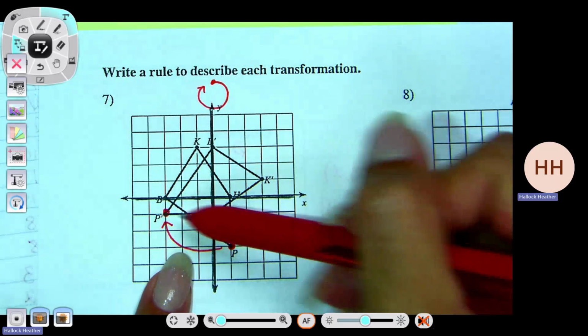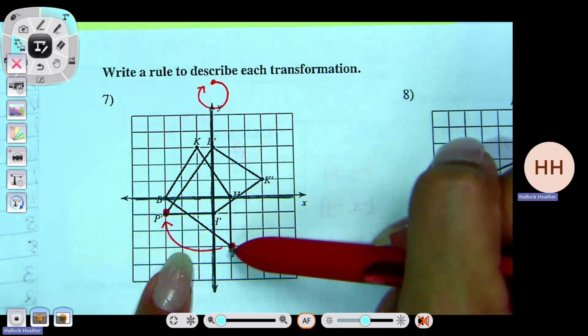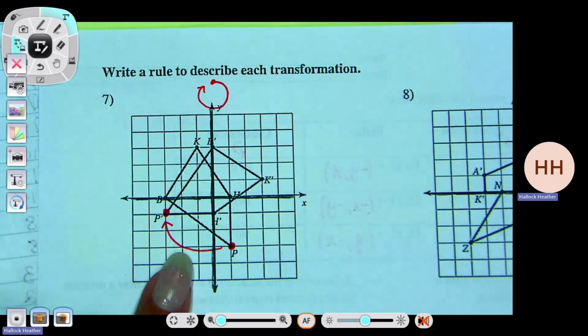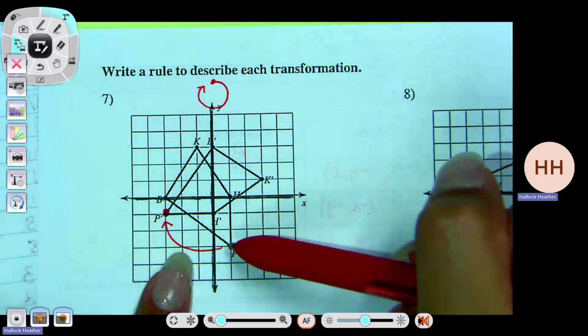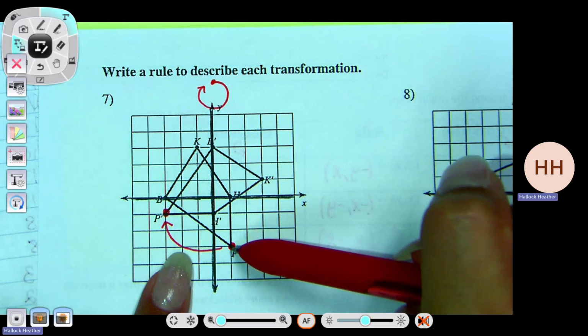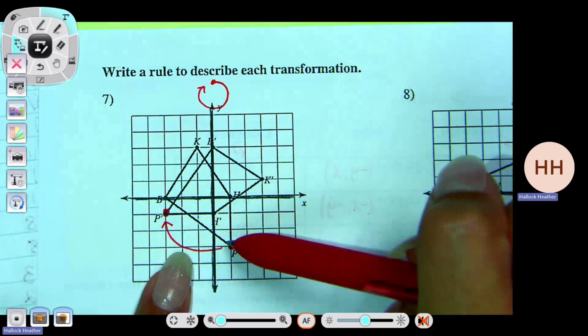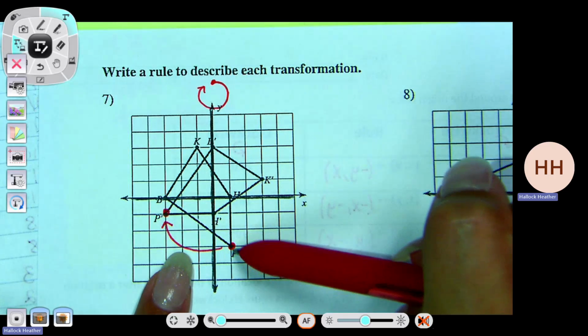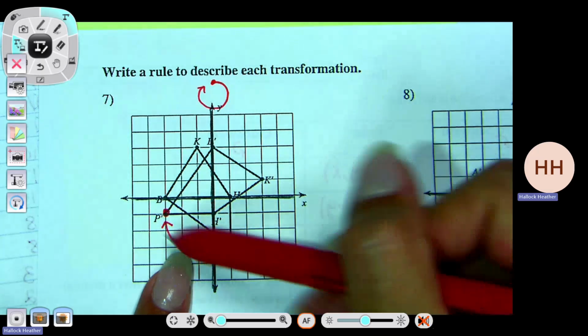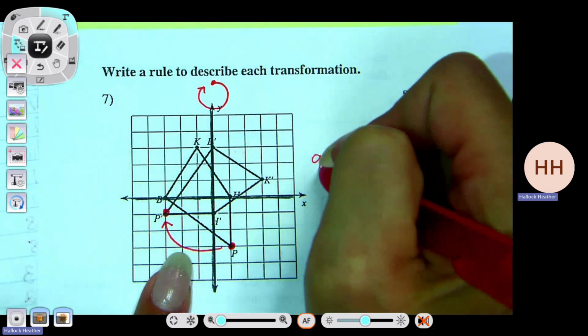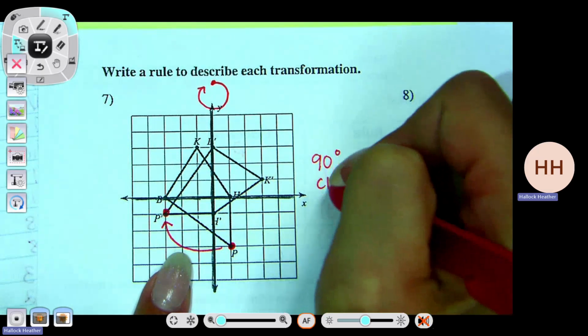And if I move one quadrant, is that 90, 180, or 270? 90. You don't count where you start, like when you're running a lap. It's 1 quadrant. So that's 90 degrees clockwise.